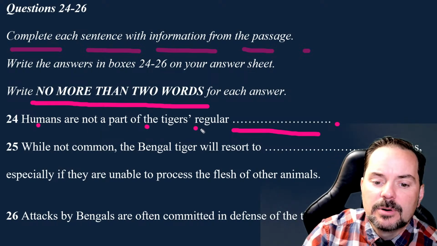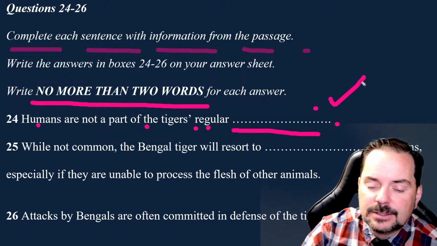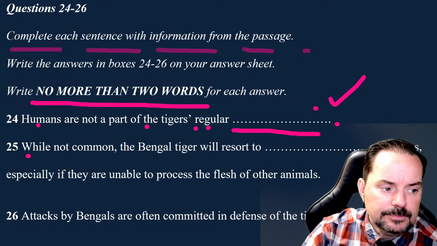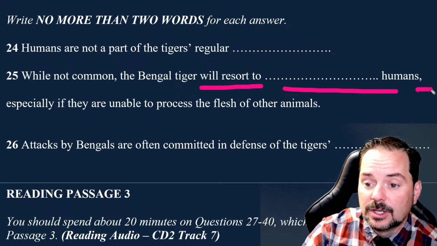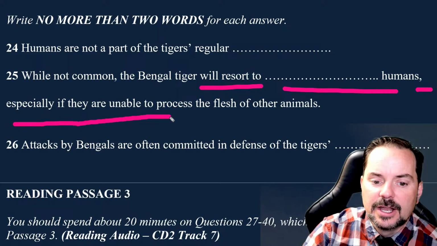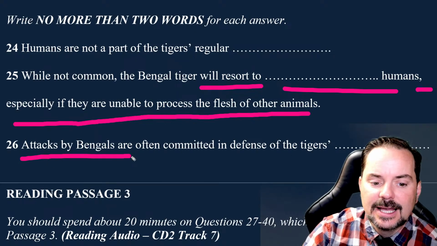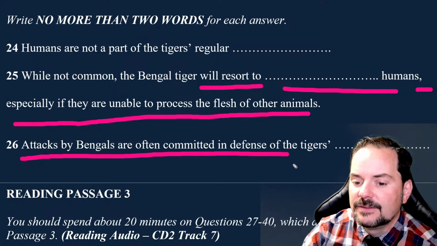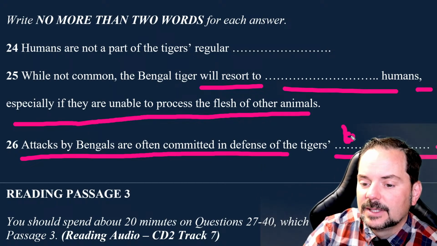Humans are not a part of the tiger's regular something. Maybe diet? I don't know yet, but we'll find out. While not common, the Bengal tiger will resort to something humans, especially if they are unable to process the flesh of other animals. And then attacks by Bengals are often committed in defense of the tiger's babies? Maybe. I don't know. They might have a different word for that, right?